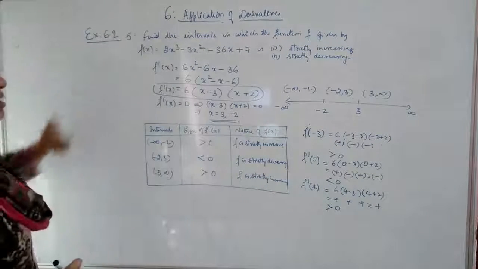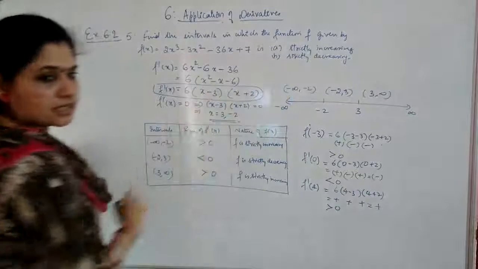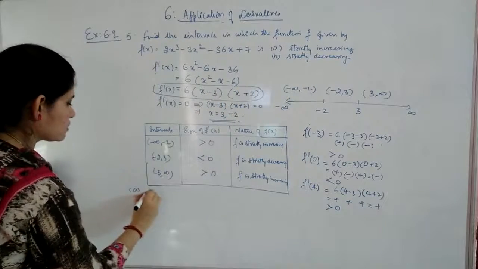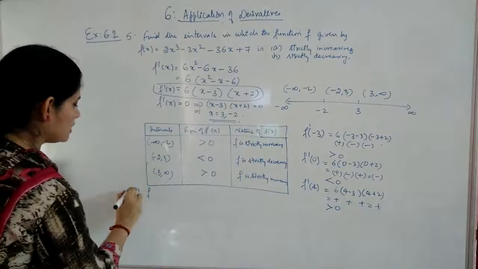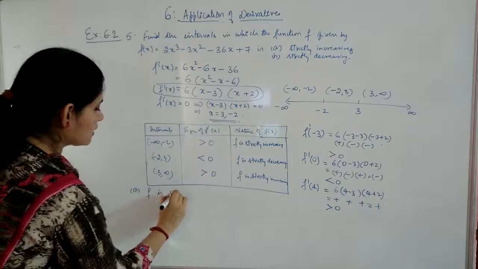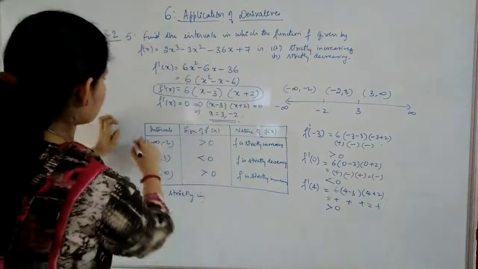So what will be your last conclusion? The first question is the strictly increasing interval you have to take. So the first option A is f is strictly increasing. Well, in which interval? This and this.